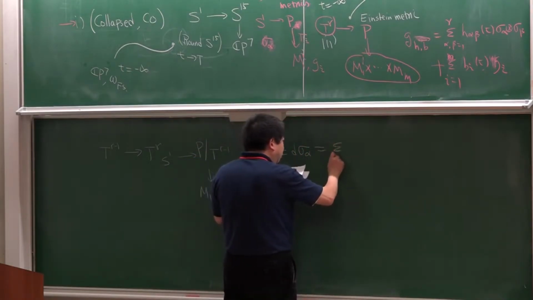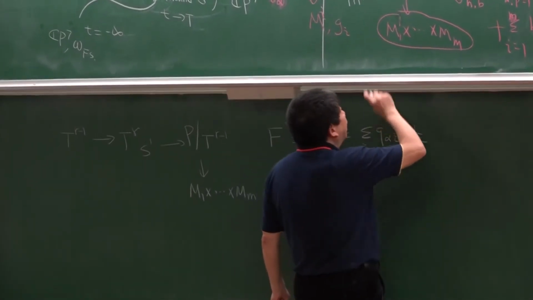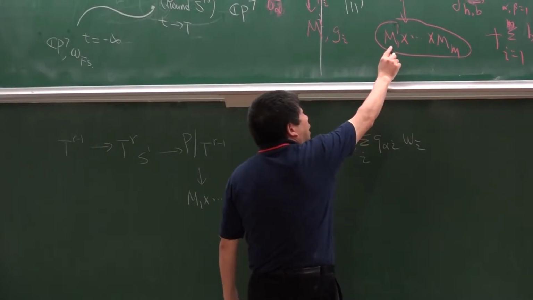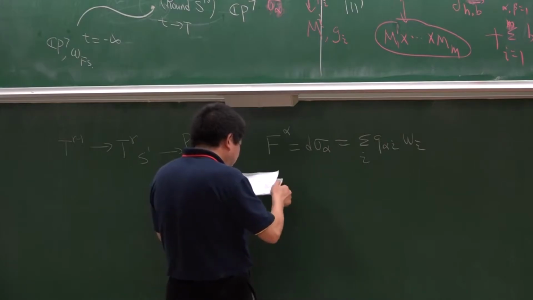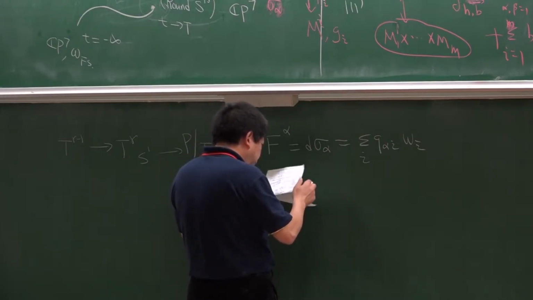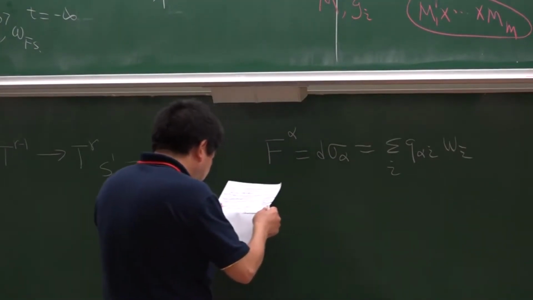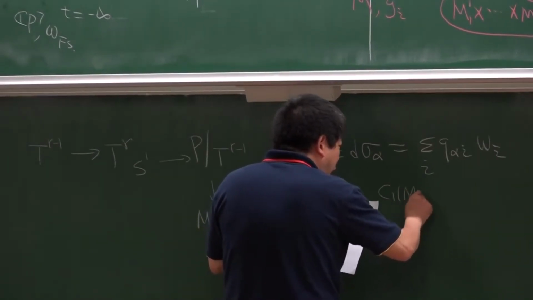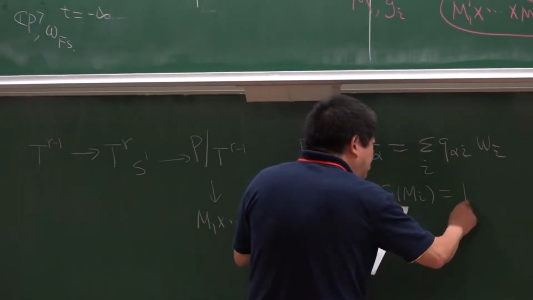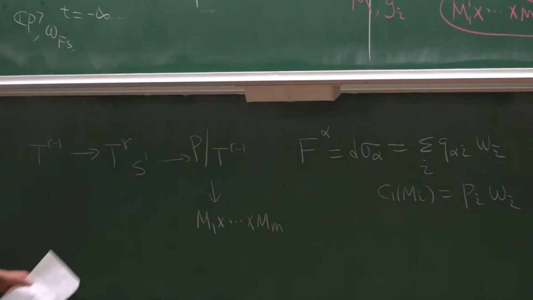So it's omega I, is a Kähler class I used here, and then we also assume the following thing: C1 of mi equal to pi of omega I. So we assume this one. These are the kind of coefficients, so determining this connection structure.